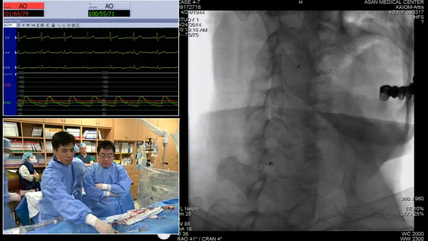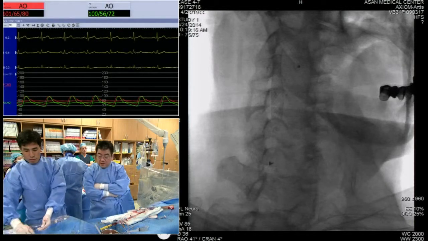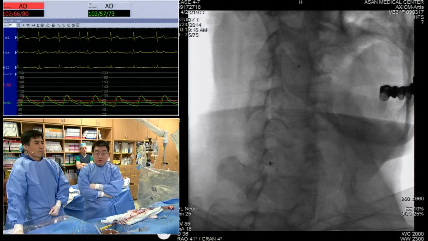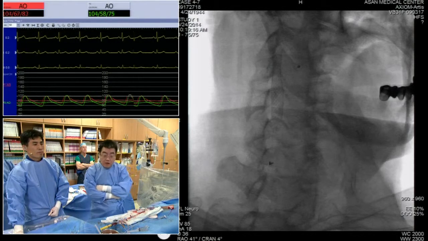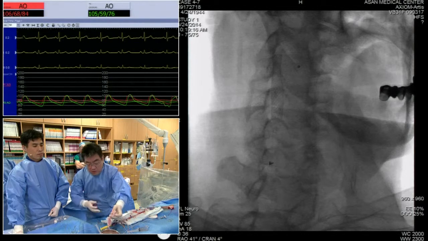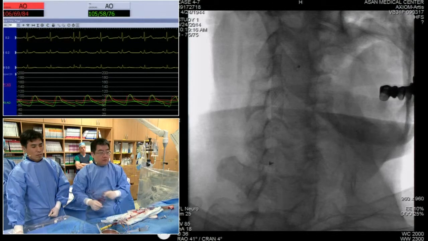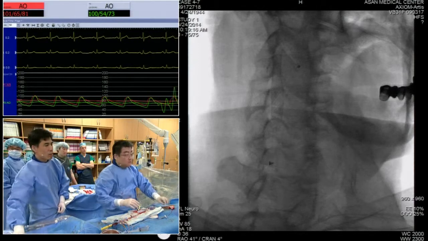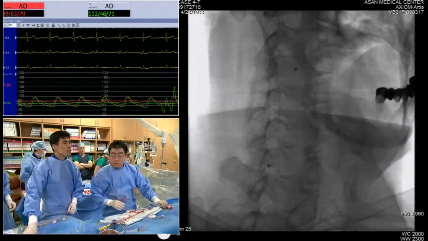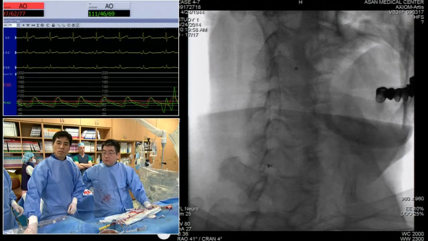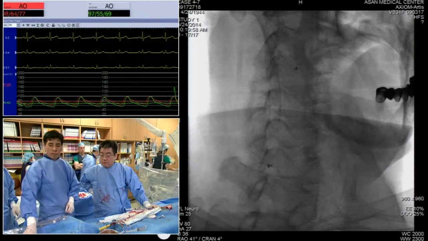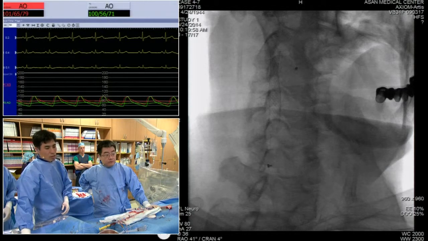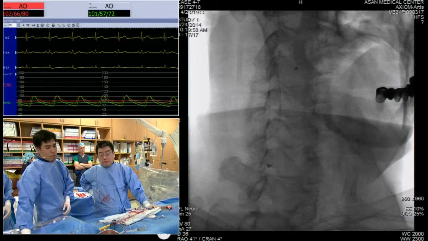Sometimes the mechanical movement will dissipate the clot into a distal smaller branch so that the neurological sequelae will be minimized. In the case of medical treatment with multiple distal embolization, when you use heparin, some kind of hemorrhagic transformation can happen. So I think mechanical extraction of the thrombi or the plaque debris is better.